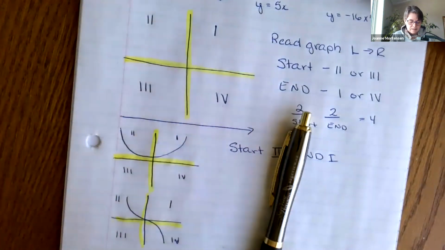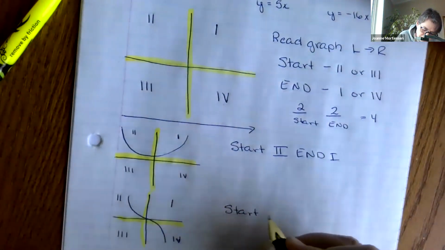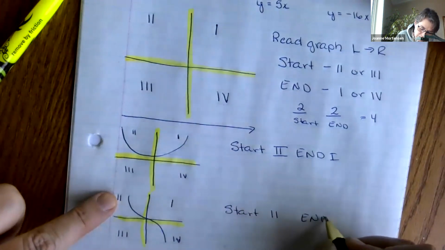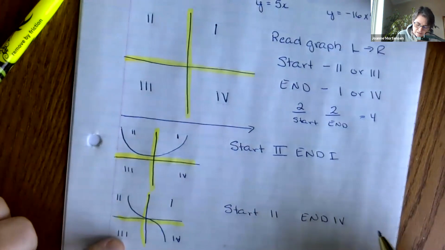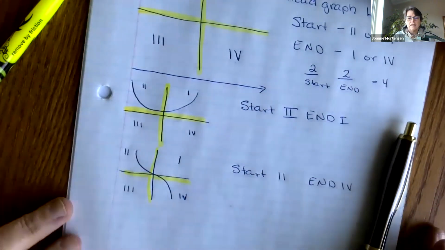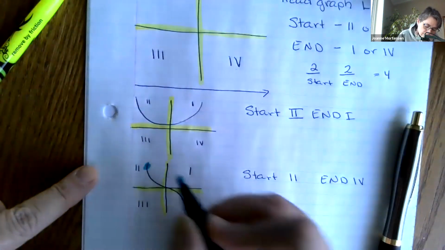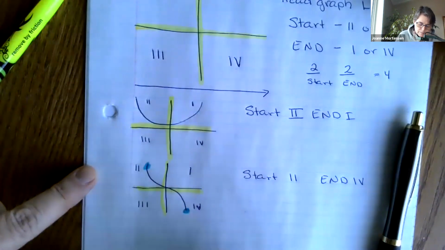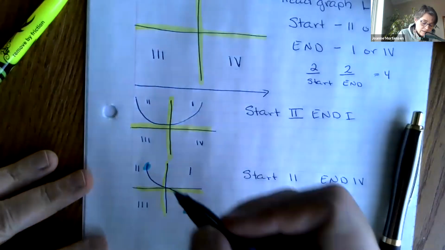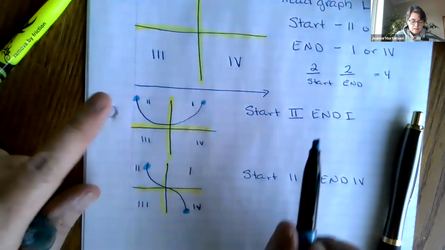Highlight it to make it easier to see. So this is the start, and this is the end in 4. So what I'm looking at, and we did this the other day in class, is this point right here. There's my start, there's my end. What quadrant? What quadrant? That's it. Don't overthink this. There we go. Look. Starts in 2, ends in 1.